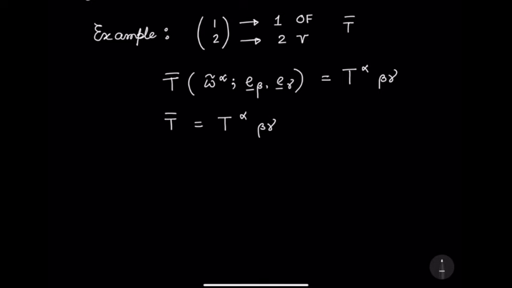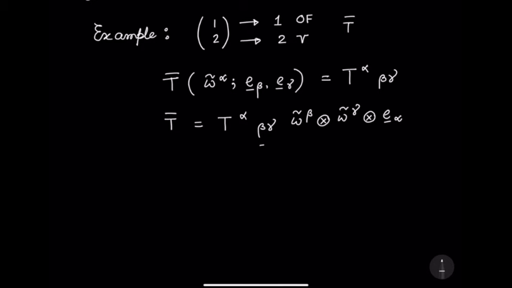So I will need a basis one form which is W tilde beta, which will come with this component, then outer product with W tilde gamma, and then outer product with a basis vector which is E alpha. The index corresponding to the vector stays upstairs.